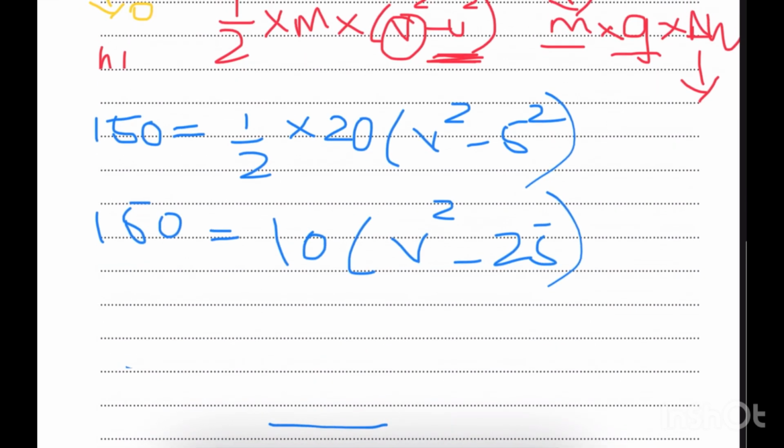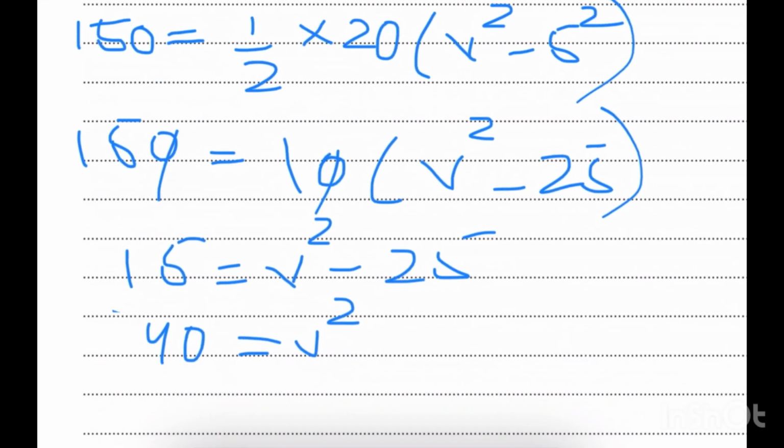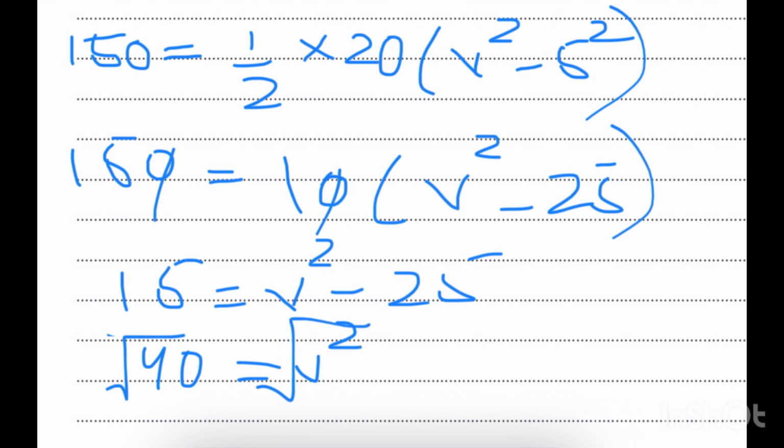Let's divide by 10 on both sides. That means 15 is equal to v squared minus 25. So v squared is 15 plus 25, which is 40, which makes the final speed, v, equal to the square root of 40.